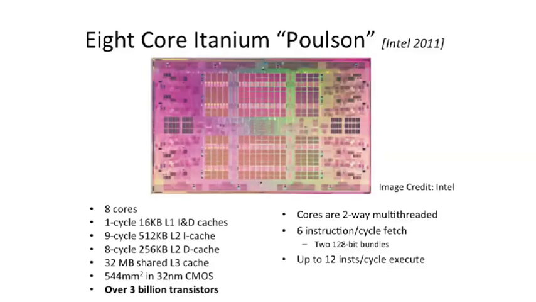Big processor: 544 square millimeters in 32 nanometer. So at the time this came out, this was the biggest processor ever built. Most number of transistors, over 3 billion transistors. Or at least the biggest commercial thing. Intel might have had a research prototype that might have had more transistors than this.